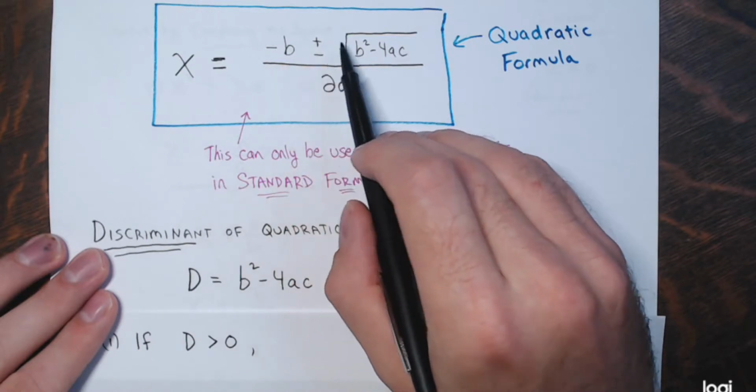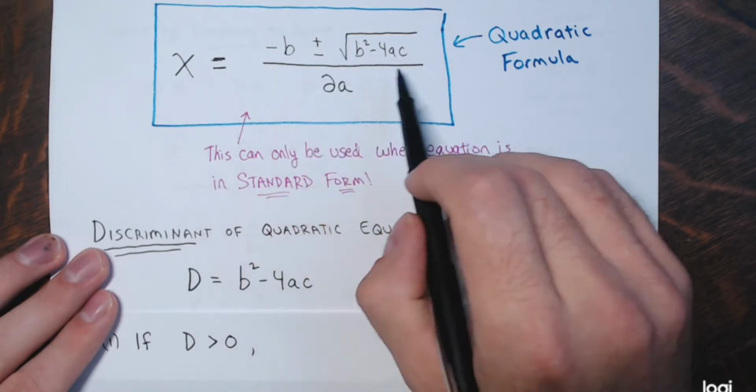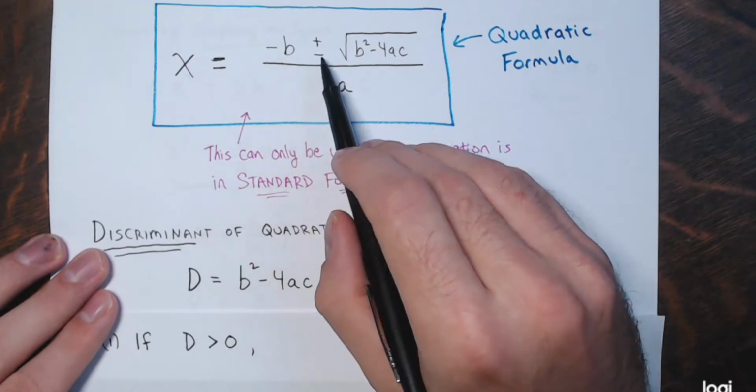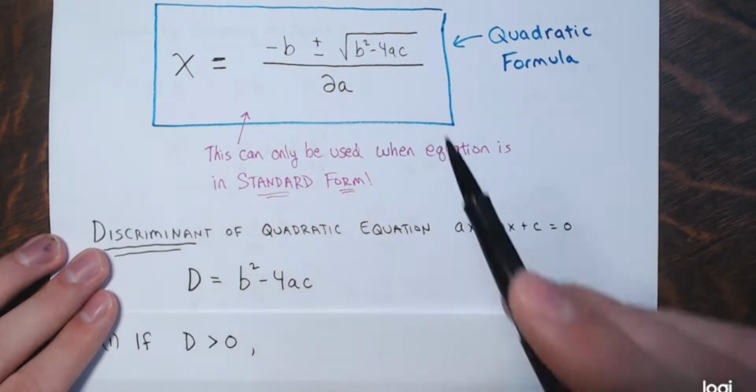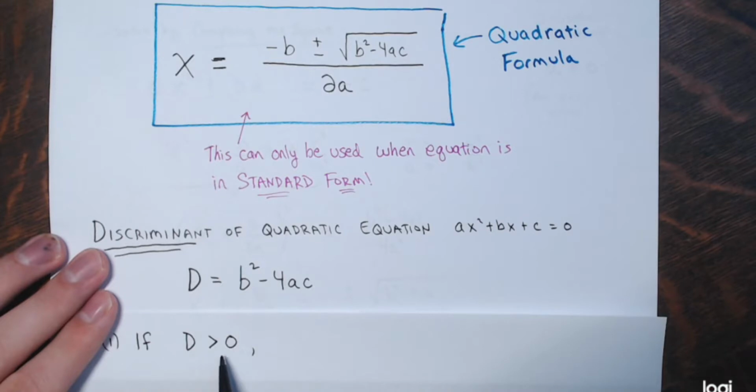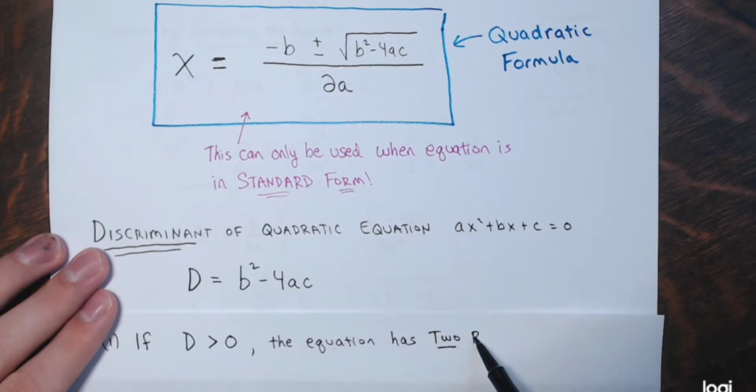Negative b plus the square root of the discriminant over 2a, and negative b minus the square root of the discriminant over 2a. So if this discriminant, b squared minus 4ac, is positive, the equation has two strictly real number solutions. Two real solutions.